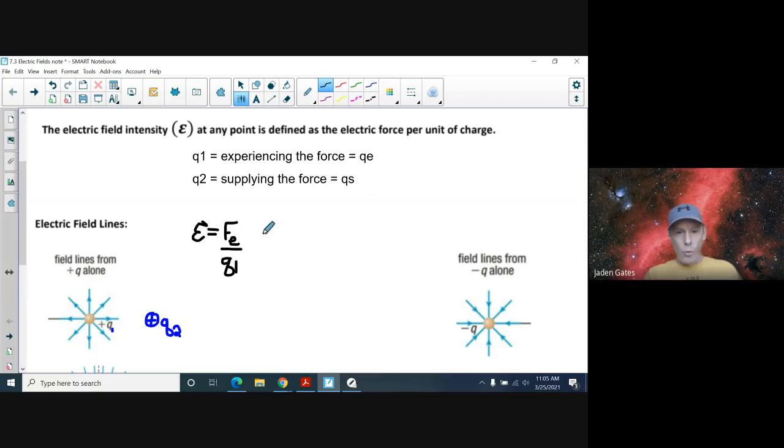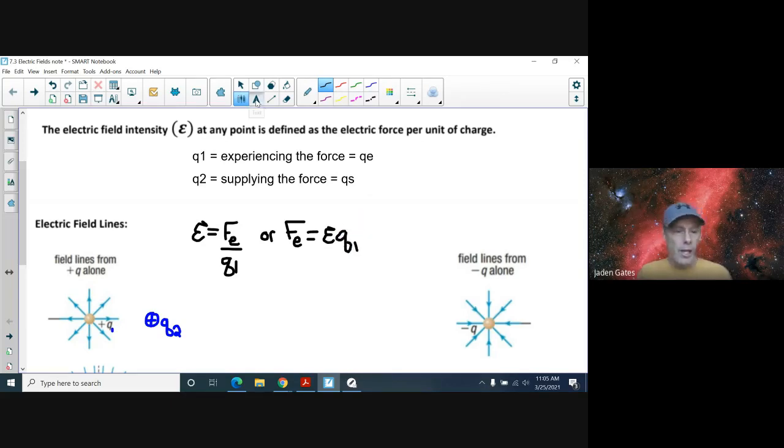Now, I could rearrange this formula so that Fe is equal to epsilon, our electric field intensity, times Q1.